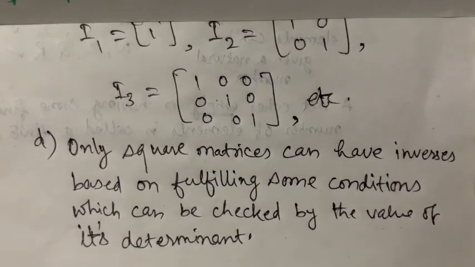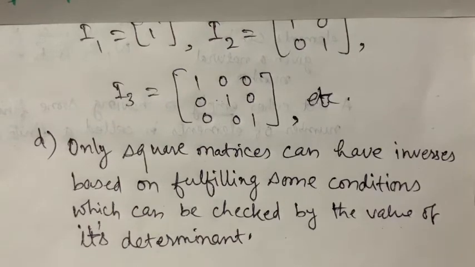Now, as we have not studied what a determinant is yet, we will not be talking about that. We only try to understand that there are square matrices which can have inverses, but not all square matrices will have an inverse.